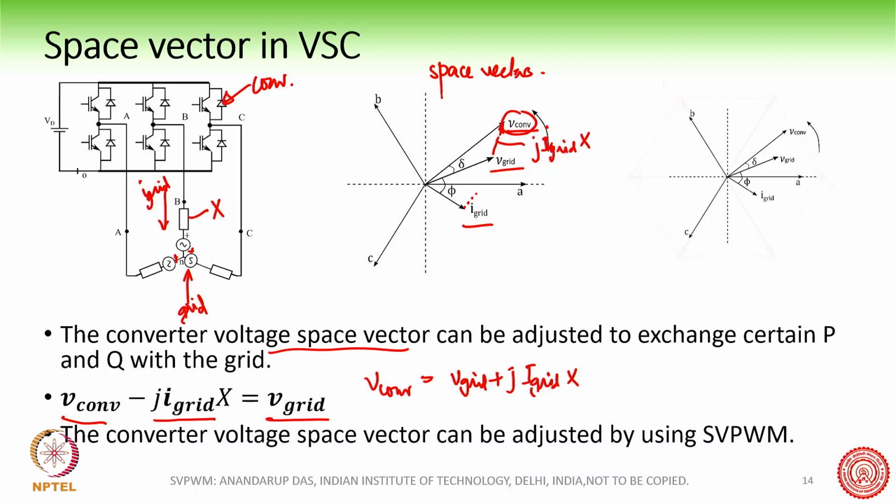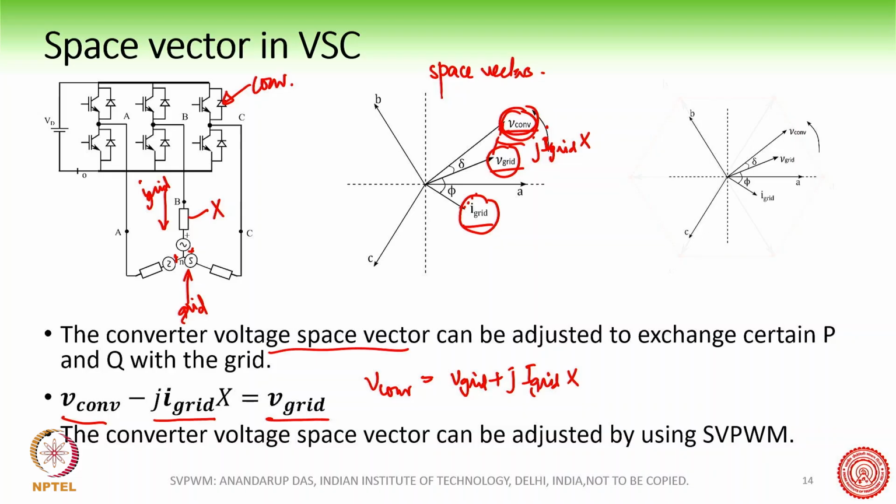We have drawn three space vectors on this diagram: I grid, V grid, and V conv. Very similar to the phasors at steady state. But the space vectors diagram is also applicable at transient. Okay, so now we see how we have drawn this on the space vector plane.